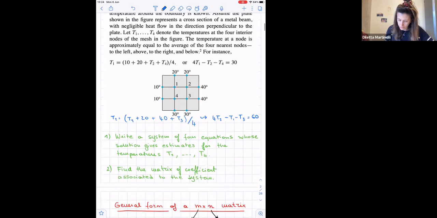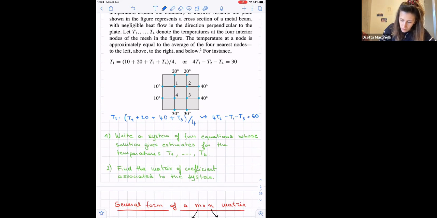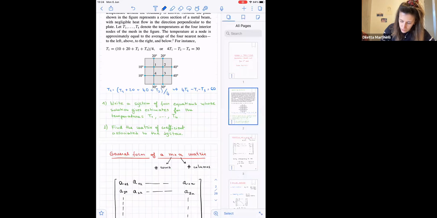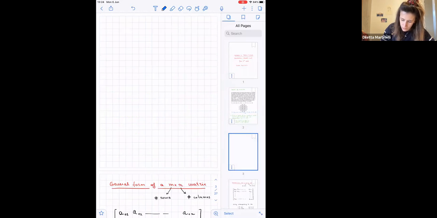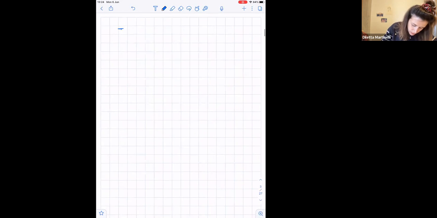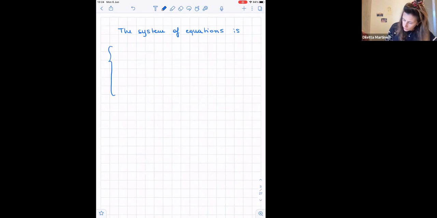So I'll give you the equations. The system of equations is the following. The first one is 4T1 minus T2 minus T4 equals 30.